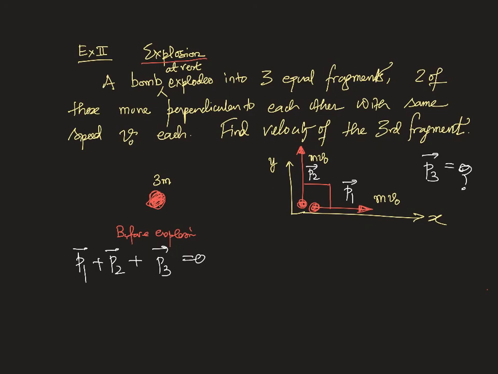So this is P1, and P2, if you apply the triangle law, is this, and then to make it 0, P3 will be this. So let's put the vector signs P1, P2 and P3, and their magnitudes: this is mv0, this is mv0, and this is m times root 2 v0.